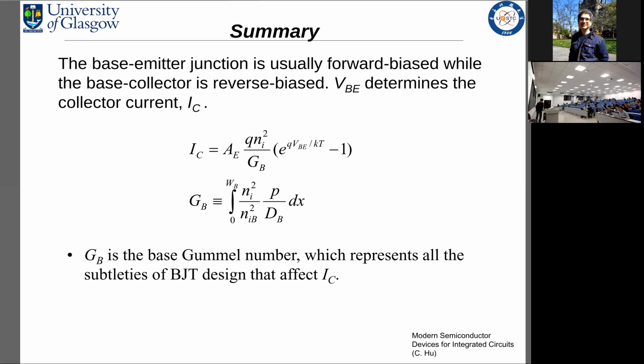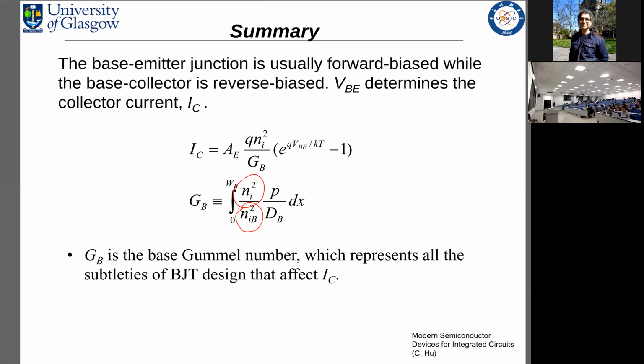One of your colleagues asked about this base gamma number, and they were asking about the intrinsic carrier concentration in the base as well as the intrinsic carrier concentration in general. Your colleague asked whether they should be the same.